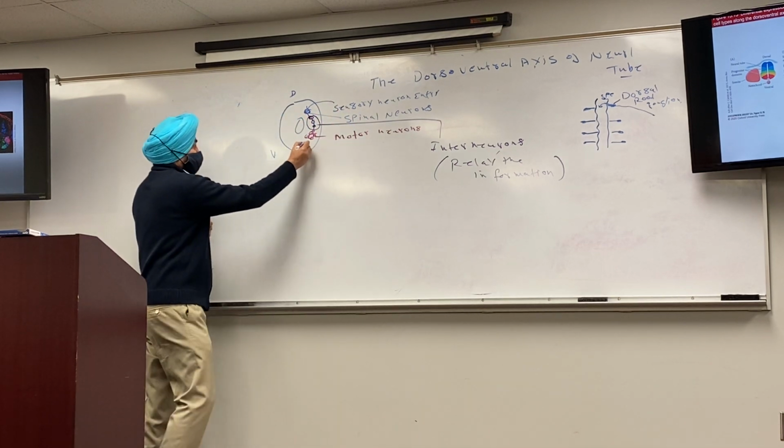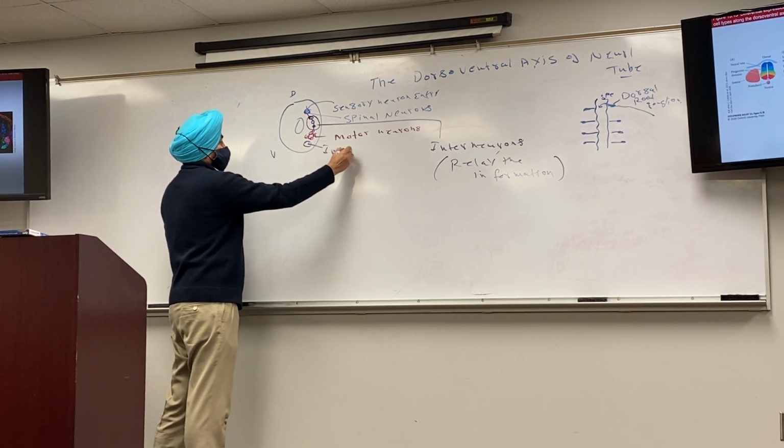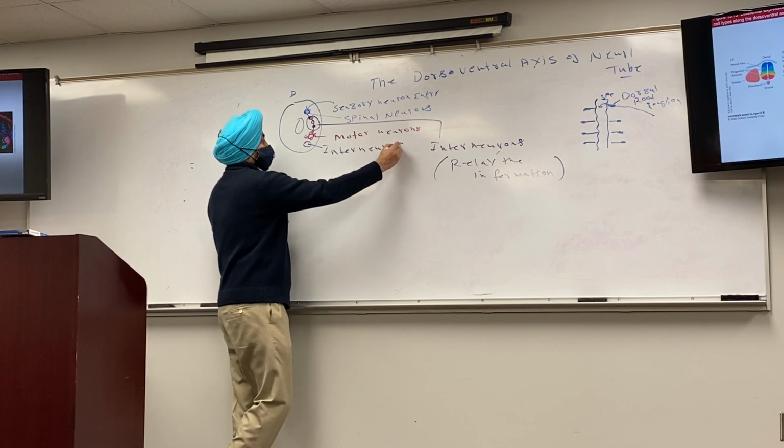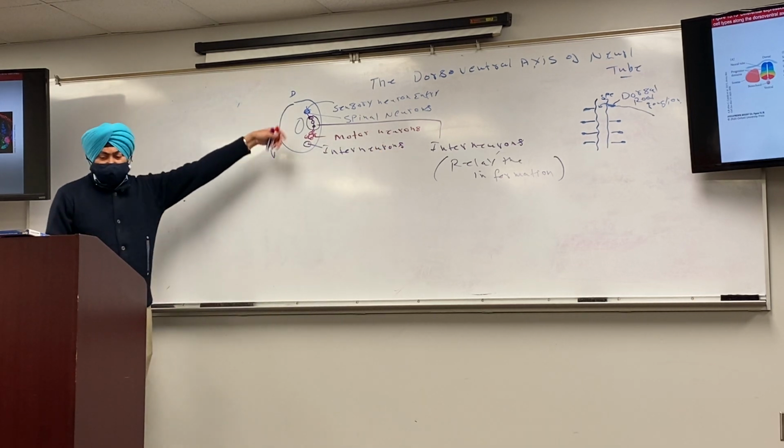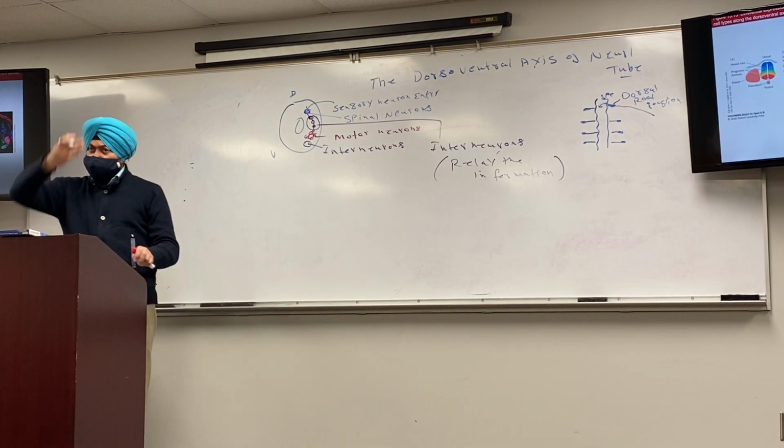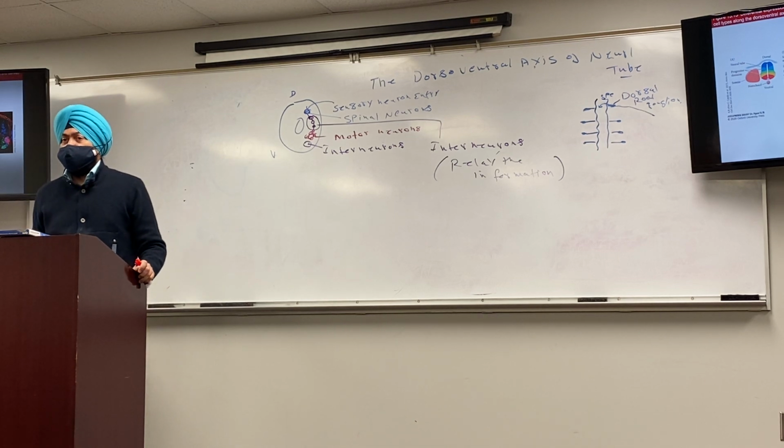And then again you will have certain interneurons here as well. So this is how the spinal cord will look if you cut a cross section.